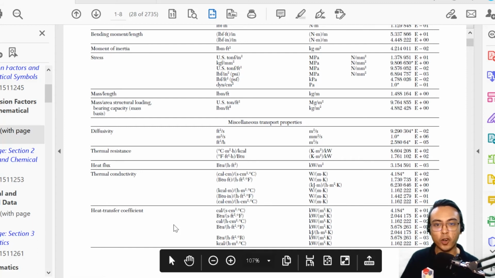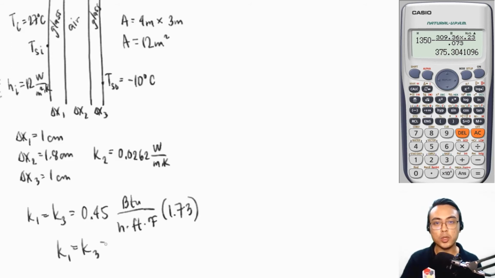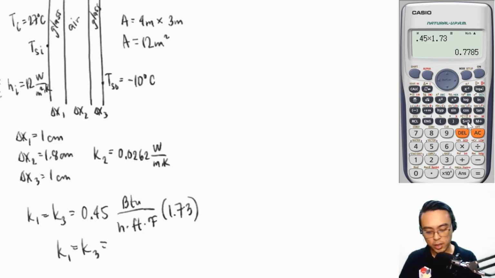So that makes for an easy conversion. Let's go back. 0.45 BTU per hour per feet per degrees Fahrenheit multiplied by 1.73 should give us a value of K1 and K3 already in terms of watts per meter per Kelvin. That's 0.78 watts per meter per Kelvin.